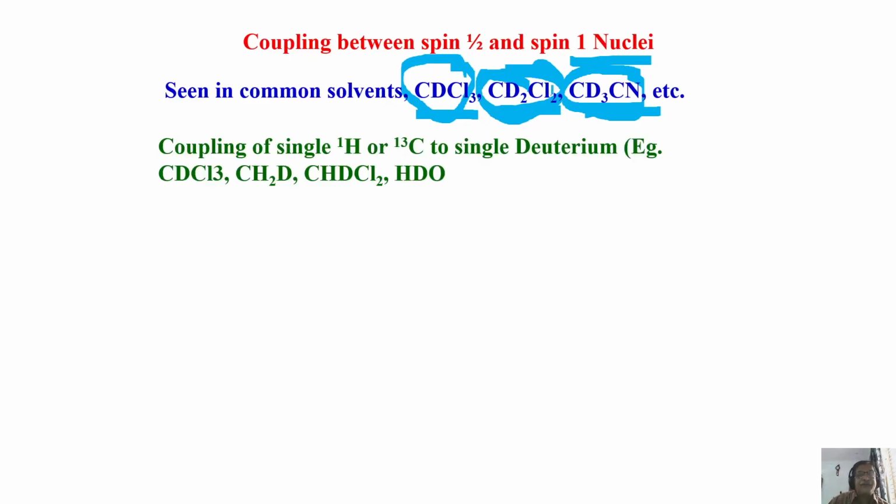The protonated compounds will give you residual proton peaks in the proton NMR. In such cases, you can also see coupling of carbon to deuterium or even proton to deuterium. Spin-half nuclei can couple to spin-1 nuclei like this. Now, I will take some of these examples and we will see how the pattern comes.